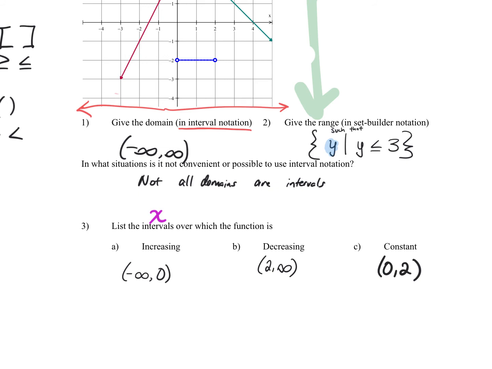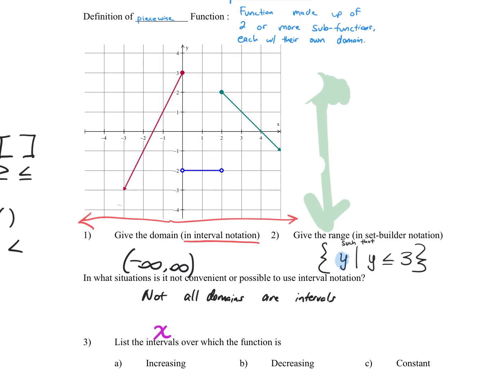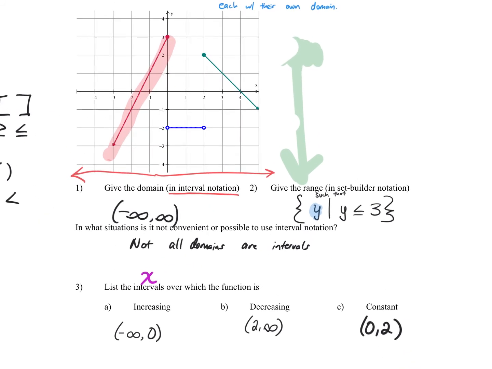So where does our piecewise function from our graph increase? Well, as we go left to right, we can see that we have a positive slope from negative infinity until x equals 0. Now notice I have rounded parentheses here on both sides.